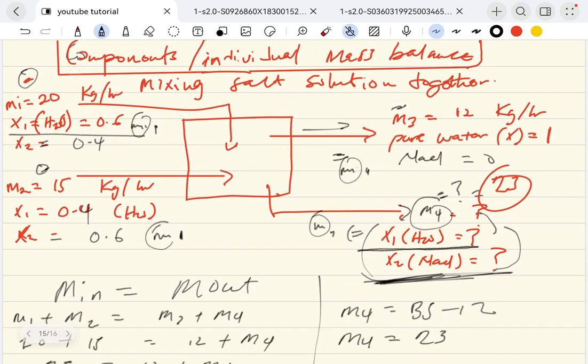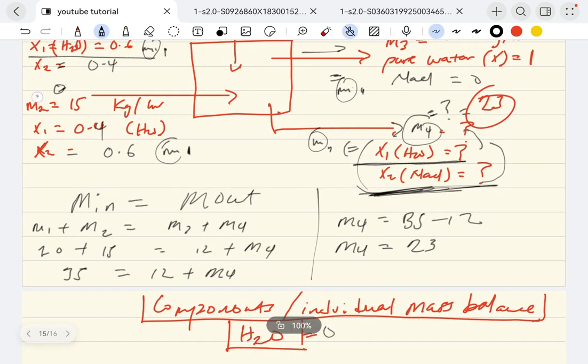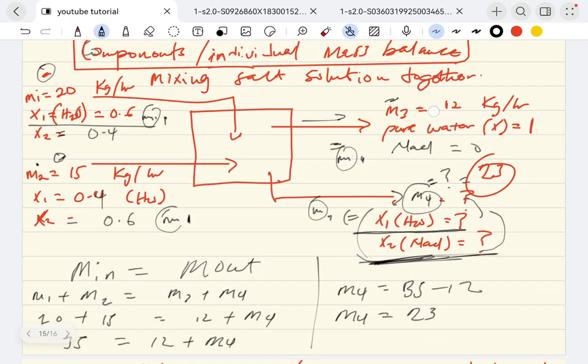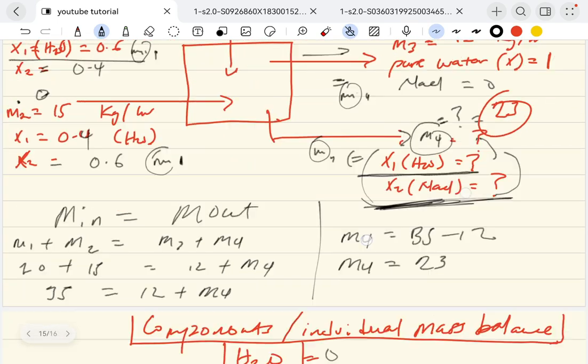And I will add that to stream 2, which is M2. I calculate the weight of water from that, which is M2 multiplied by the fraction of water from it. Then I equate that to M3 plus M4.